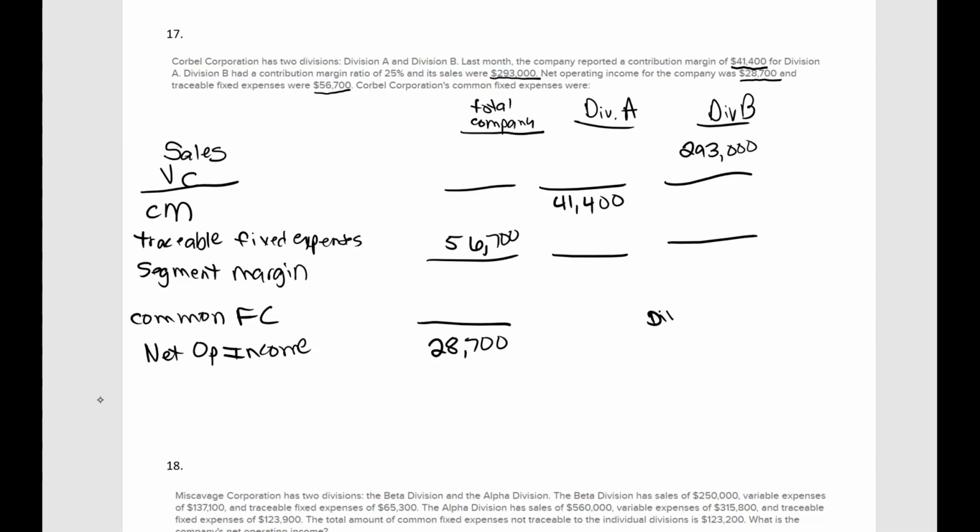So how we're going to do some of this calculation is we can get the Division B contribution margin, which is the ratio times sales. The ratio is 0.25. They tell us right here. And then we're going to multiply it by the amount of sales.